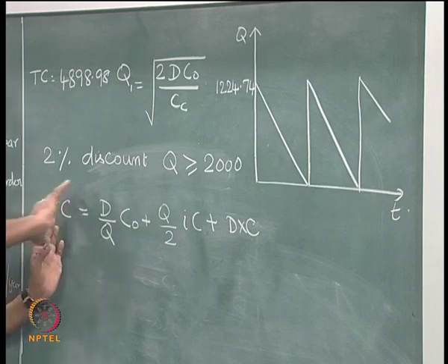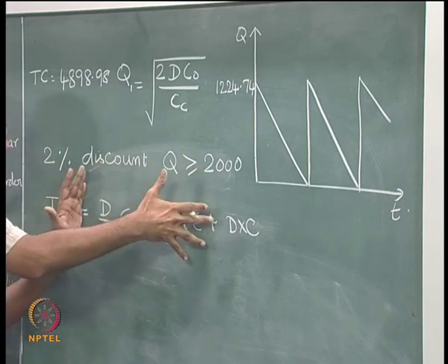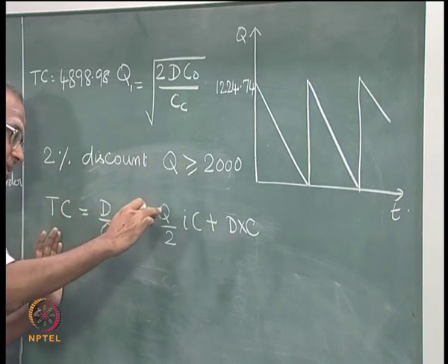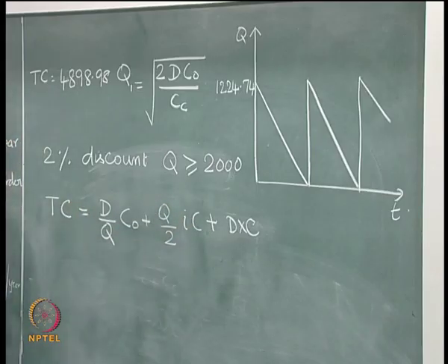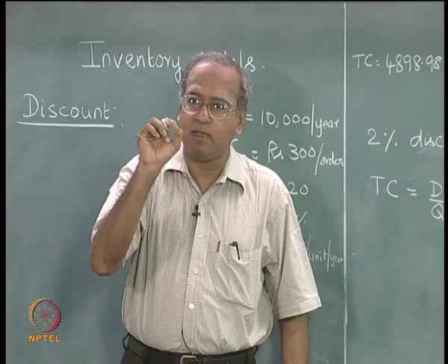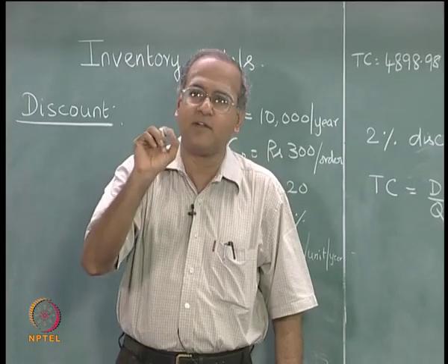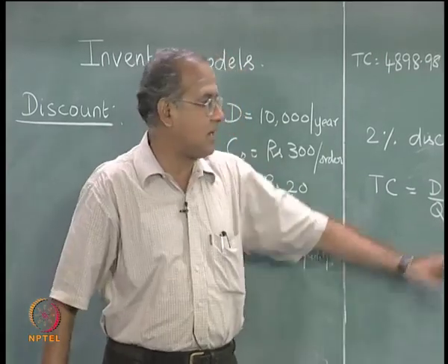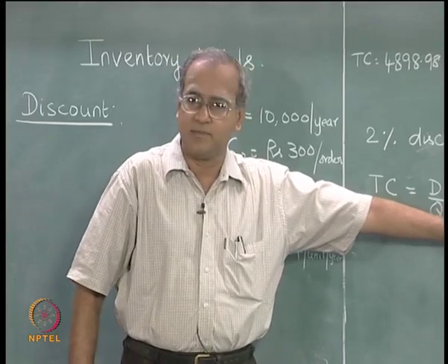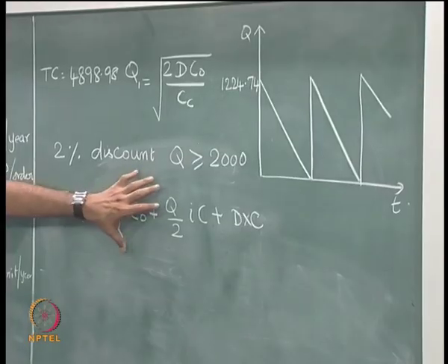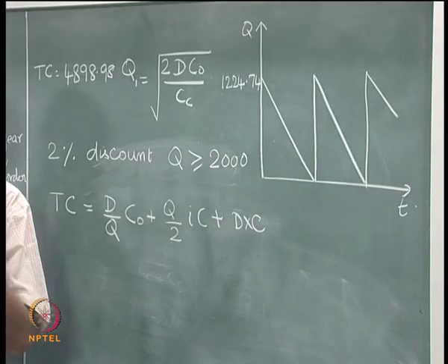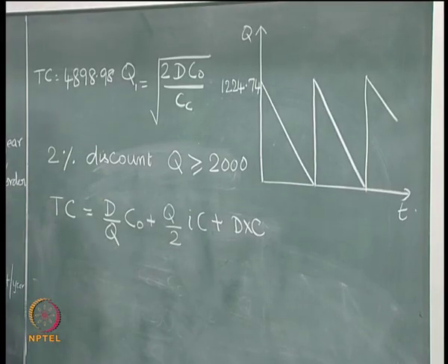So, there will be an overall increase in D by Q into C0 plus Q by 2 into IC, but that overall increase will also have a very small decrease because of this decrease in C, but then this increase has to be offset by the gain because of the discount.